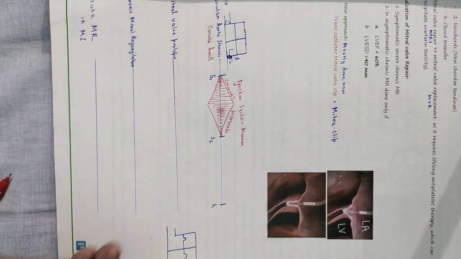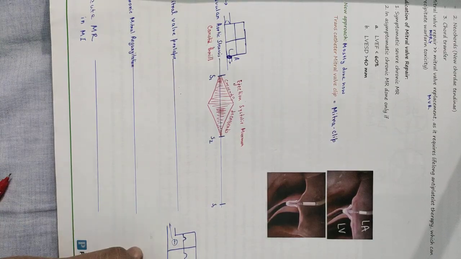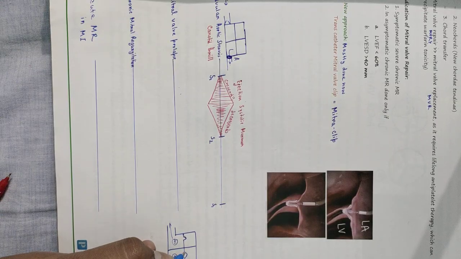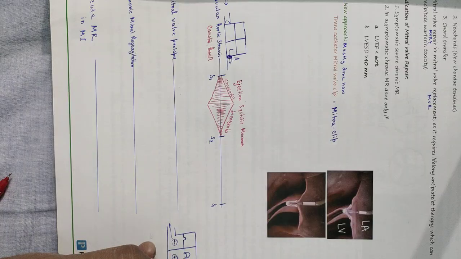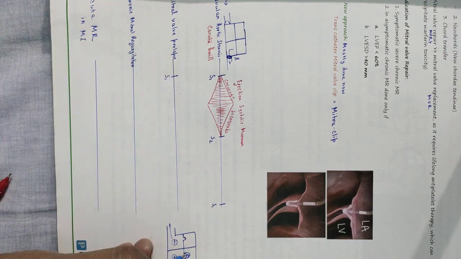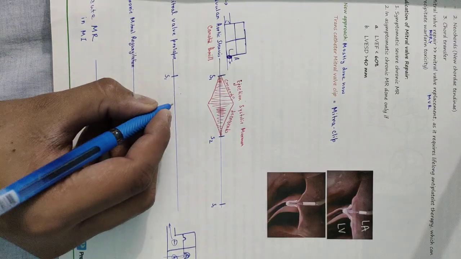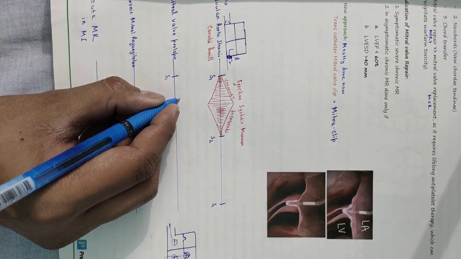Now when systole occurs, normally blood goes from here, but here the mitral valve goes up like this, much more, and because of this stretching, a snapping sound comes, so that is the mid systolic click.